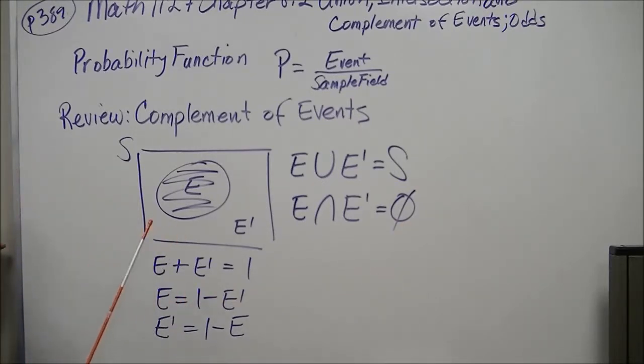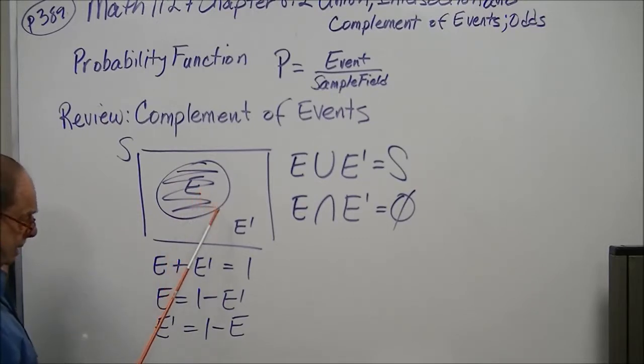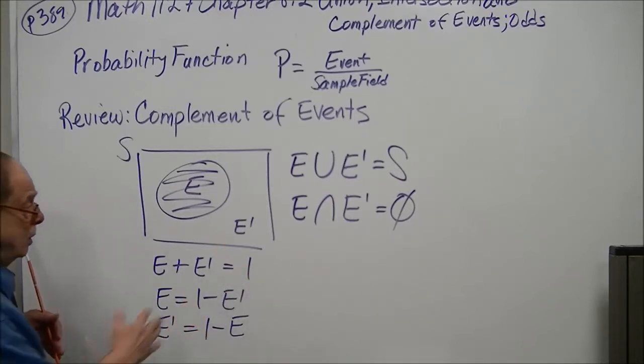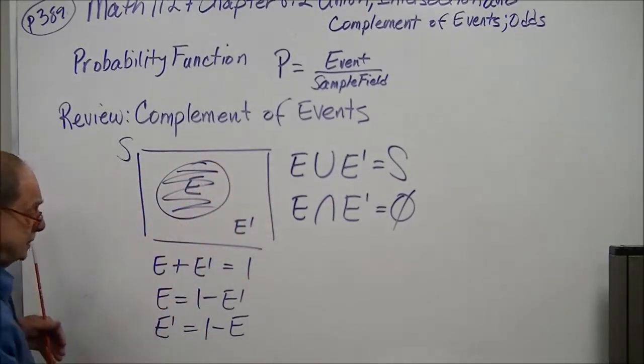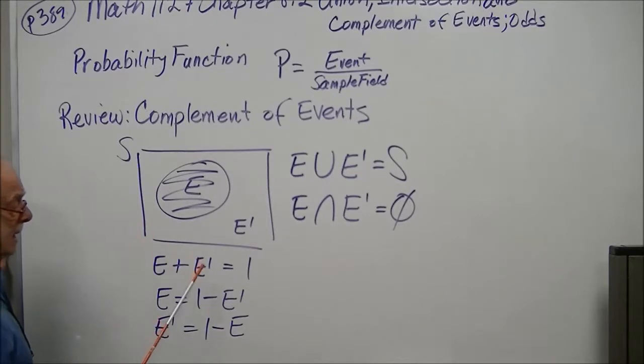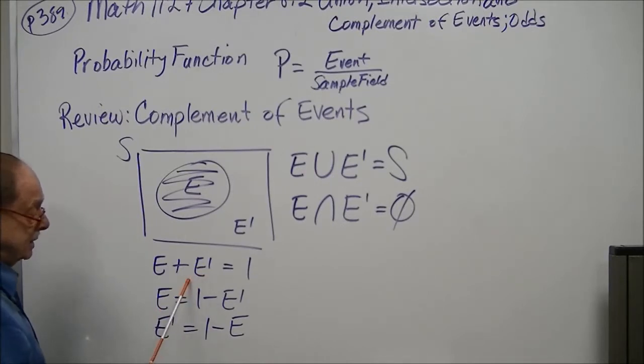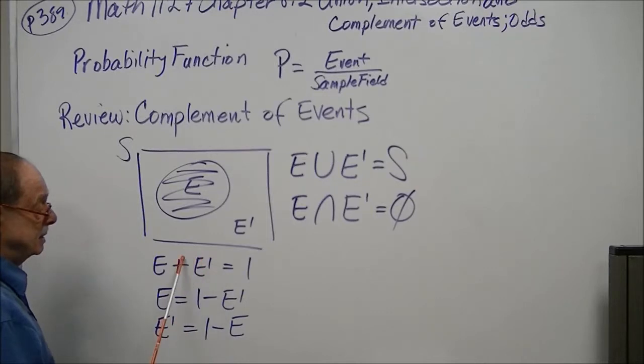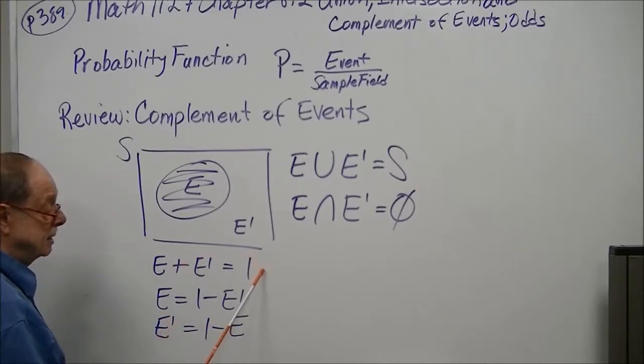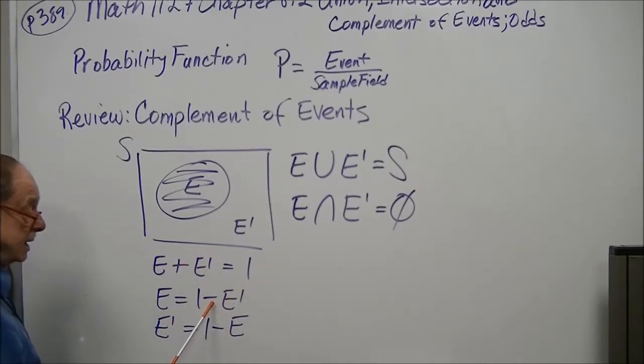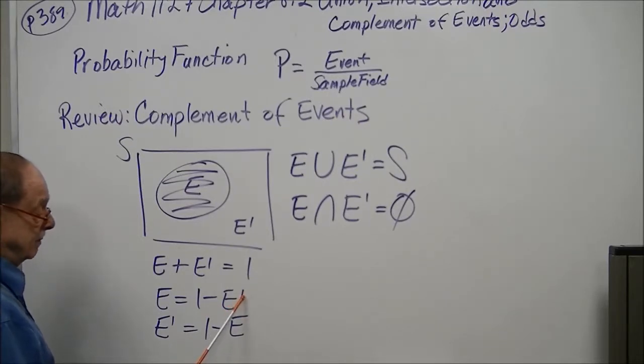So if we look at it this way, E plus the complement of E, that equals 1 or the whole of something. Now, if we use a little algebra, what does E by itself equal? Well, we just take our positive E complement to the other side, and it becomes the negative E complement.